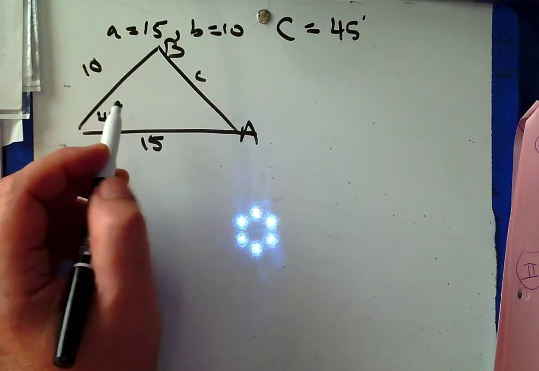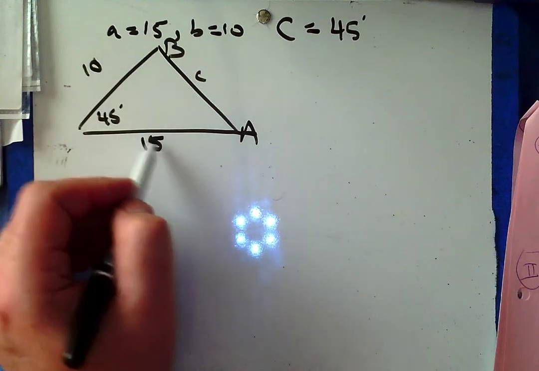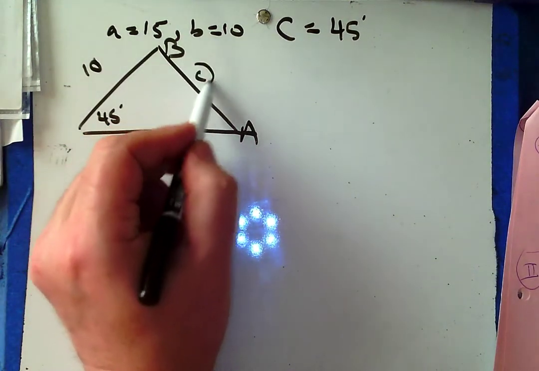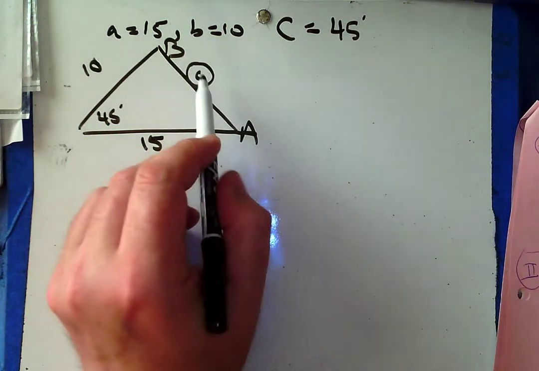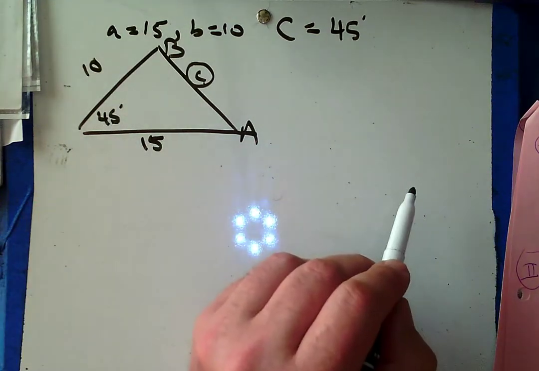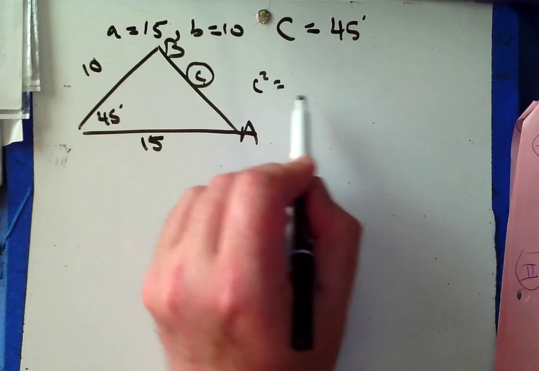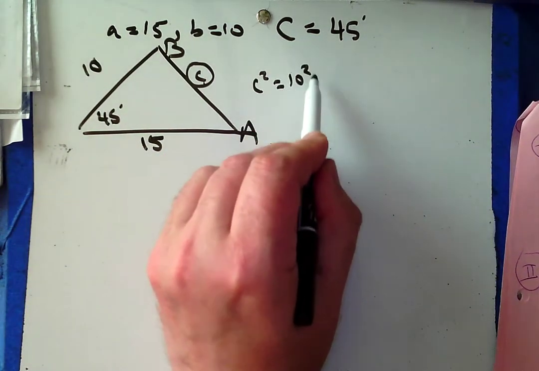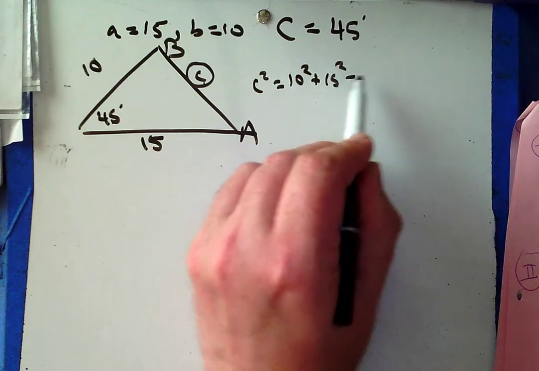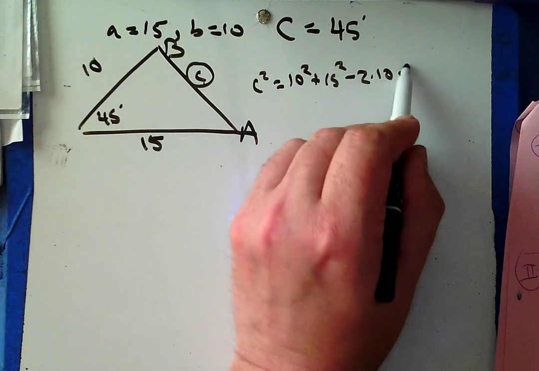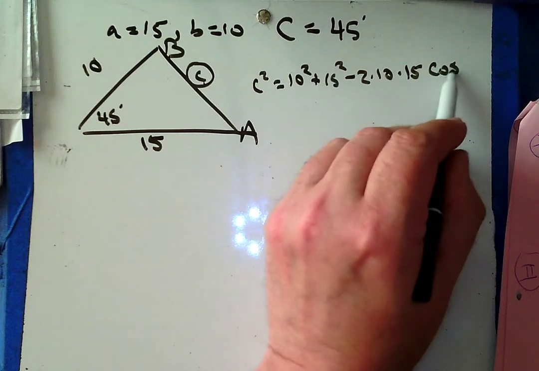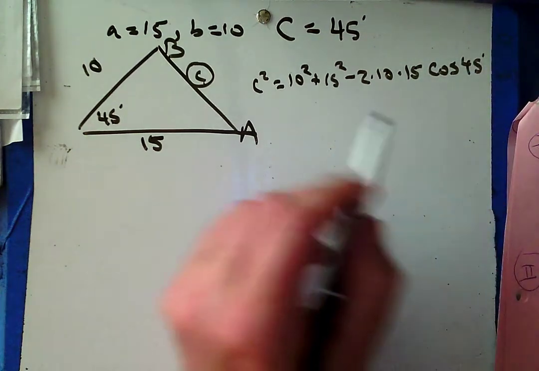So what would law of cosines have us do? Because we've got side angle side here, we're going to look for this one first, the side that's opposite the angle we're given, and we would say c squared equals 10 squared plus 15 squared minus 2 times 10 times 15 cosine 45.